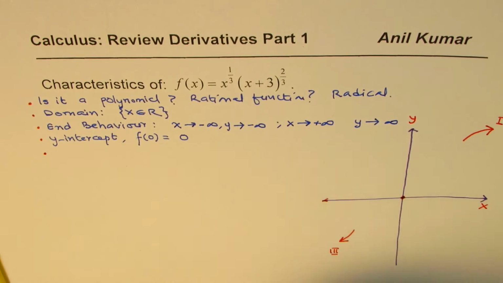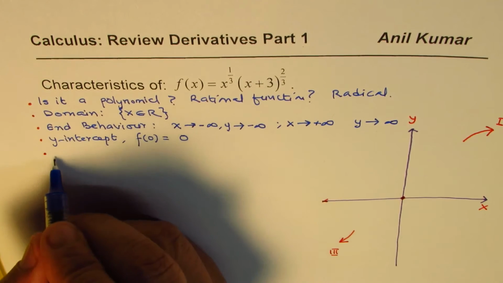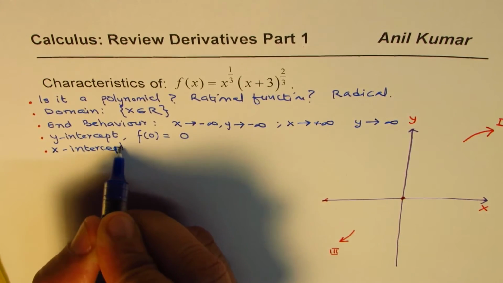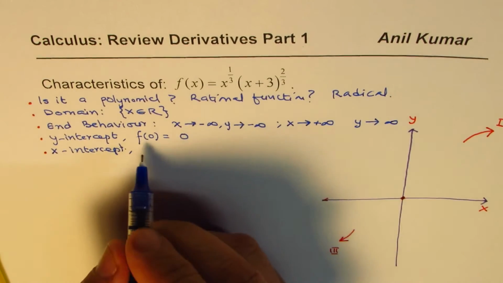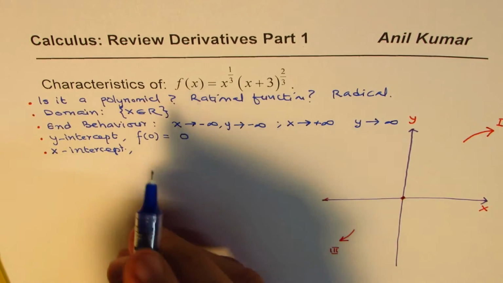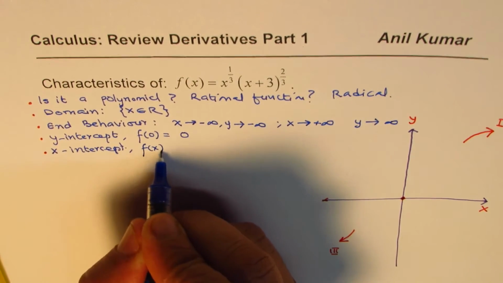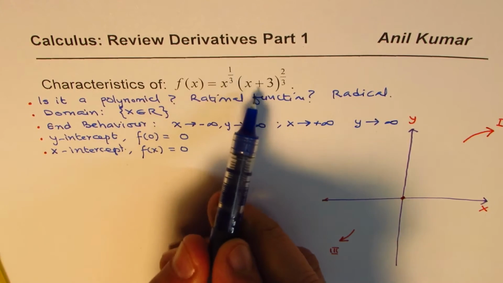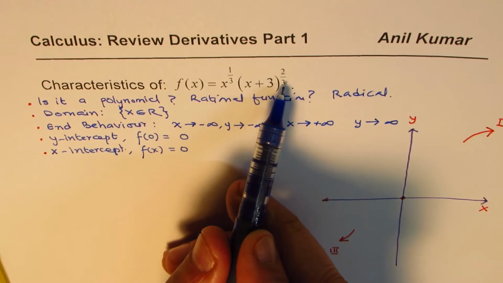Now let's also figure out what the x-intercepts are. What are the x-intercepts for this graph? X-intercepts are the points where f of x is 0. So that is the place where f of x is 0. Now the function is x to the power of 1/3 times (x + 3) to the power of 2/3.